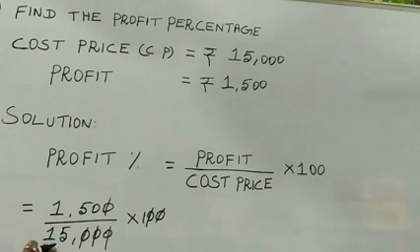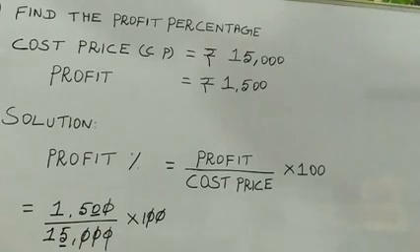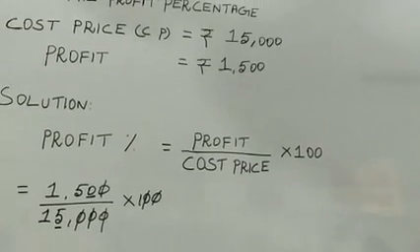Is it clear? So you know the 5 table very well. If you have 5 in the ones place, it should be divided by the 5 table. Also, if the ones place has 0, that number also should be divided by the 5 table.